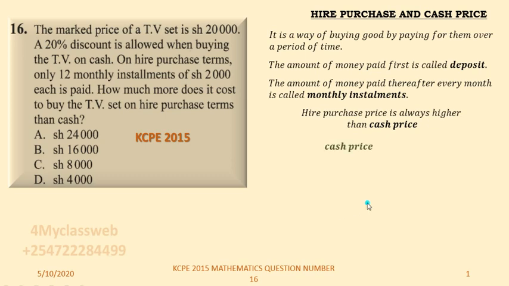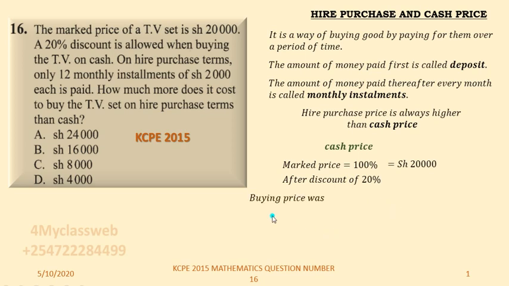Let us work out the cash price for this TV set. Now, the market price is always 100%. And this 100% is equivalent to 20,000 shillings, because that is the market price. After a discount of 20% is allowed, the buying price will be, you take the 100%, you subtract 20, and therefore you'll be left with 80% of the market price.